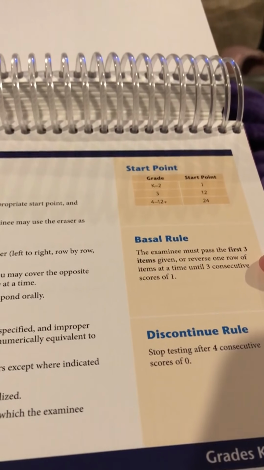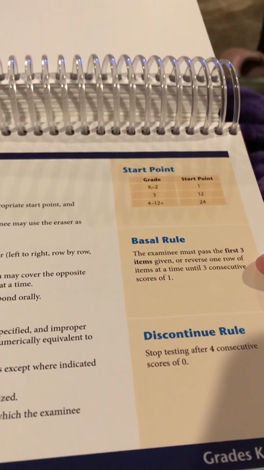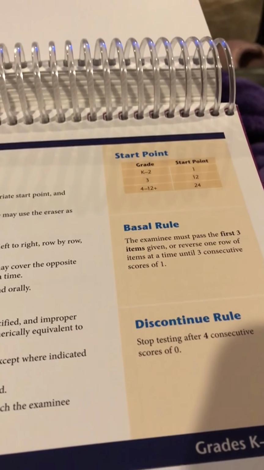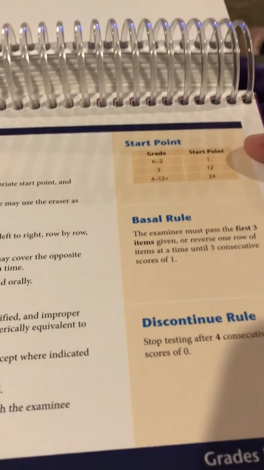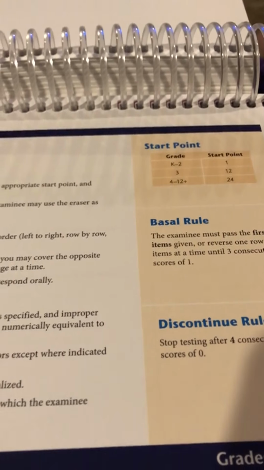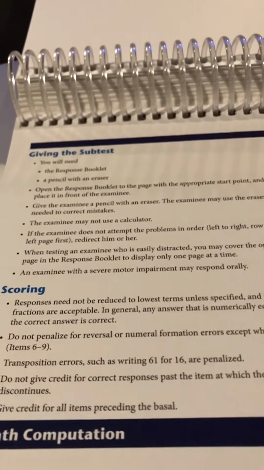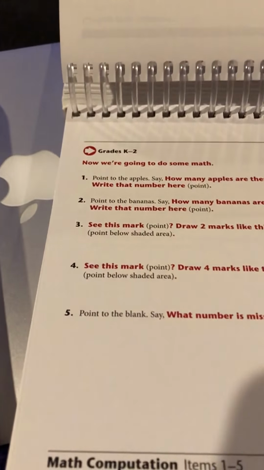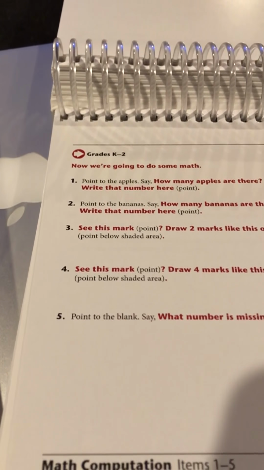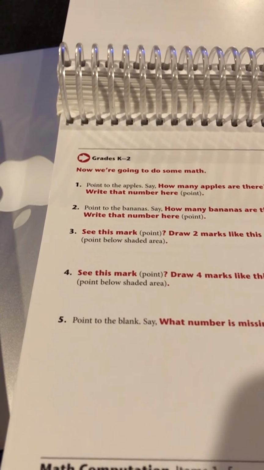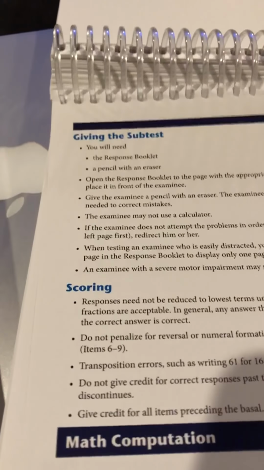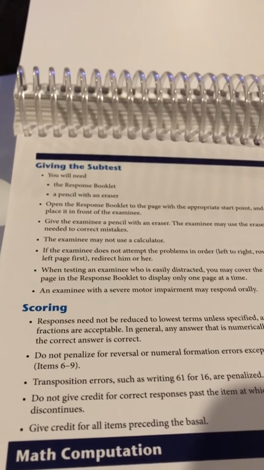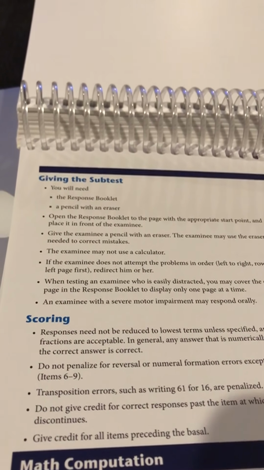He has to pass the first 3 items, or we've got to reverse until I get 3 consecutive scores of 1, and stop after 4 consecutive scores of 0. So since we started with number 1, it's very easy. I'm looking, where are my apples?